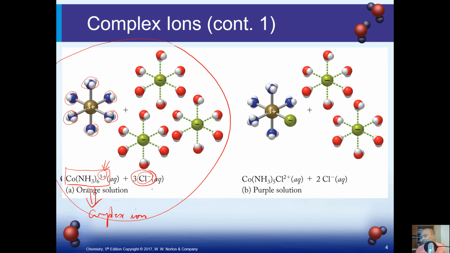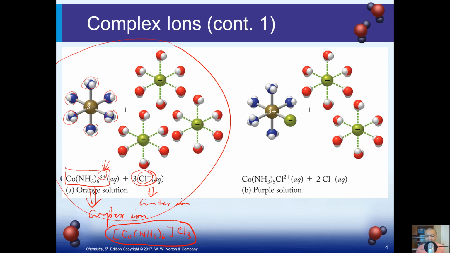So these ions are counterions. And this compound together, if you write it using the brackets, Co(NH3)6 and then Cl3, is going to be called the coordination compound.